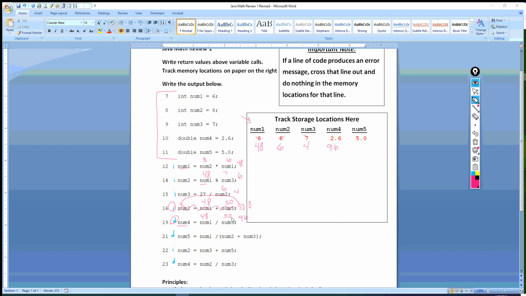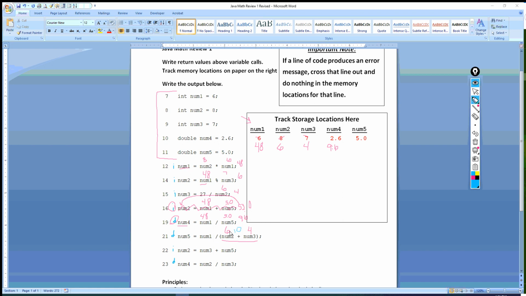Then we go on to the next one. Now this has parentheses here, so we're going to do what's inside the parentheses first. Num2 is still 6, and num3 is still 4. And so that makes 6 plus 4 is 10. They're both ints, so the answer has to be 10.